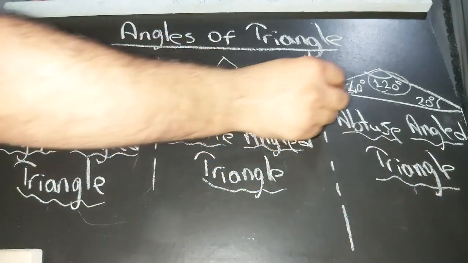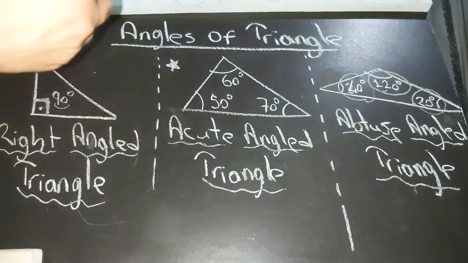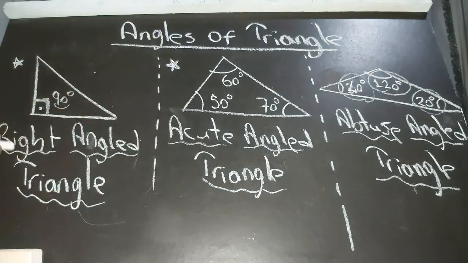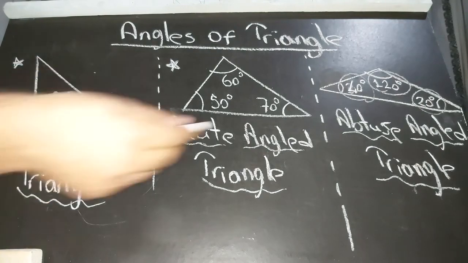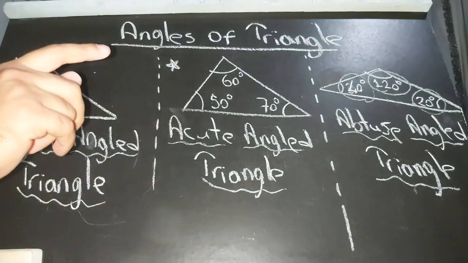If you notice, the rest of them must be acute. There cannot be a second obtuse angle in a triangle, like the right angle. See, there is just one. There cannot be two obtuse angles in a triangle.